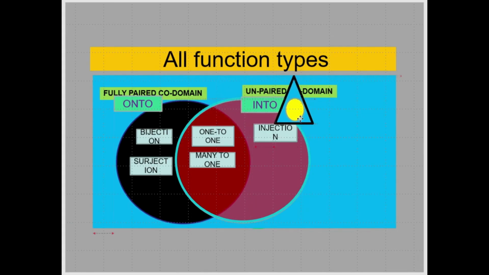All function types in a Venn diagram form. Two sets. Left side is for onto function types. Right side for into function types. In onto: bijection, surjection, 1 to 1, many to 1. However, fully paired codomain.